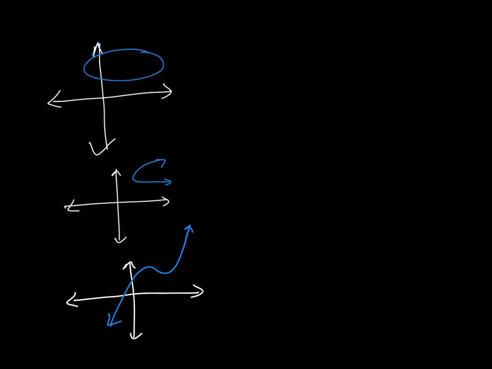So I'm going to draw a couple different graphs on here. What is the vertical line test?